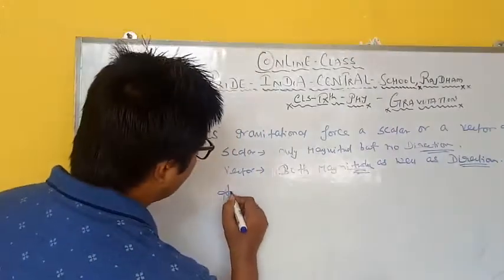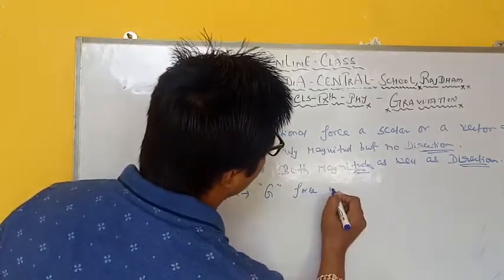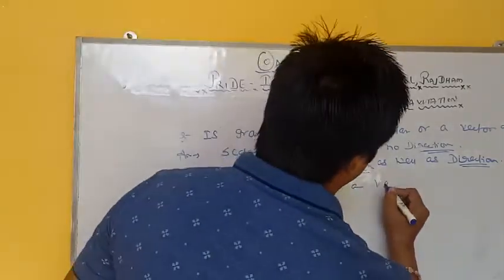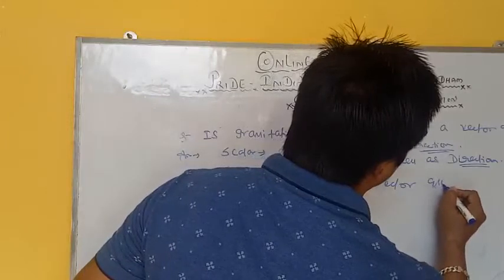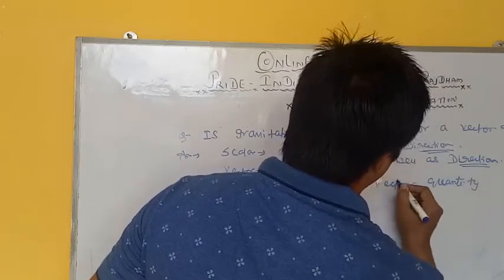What do you say? The answer is: gravitational force is a vector quantity.